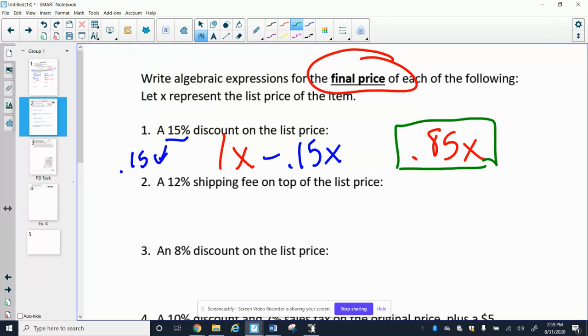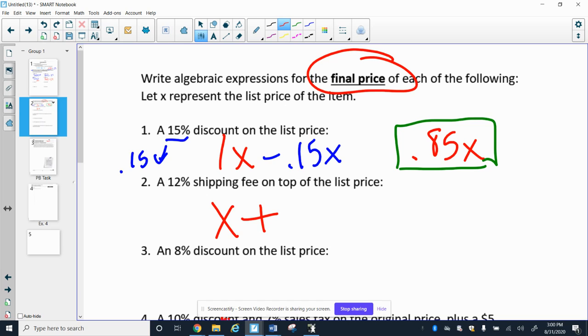Okay, let's try another one. Look at 2. It says a 12% shipping fee on top of that list price. Okay, so it's saying take our list price and add on a 12% shipping fee. Well, we got to start with the list price. Okay, so the list price again is just X. Okay, so currently we have our list price. Now we want to add on 12% to that.